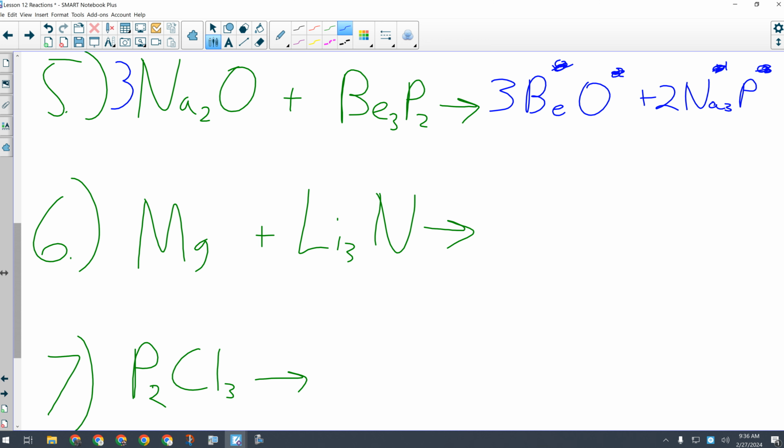Does this get a little trickier if I give you the reactants in words only? Yeah, because then you've got to get the reactants right as well in order to get the products right. So it does add kind of an extra layer.